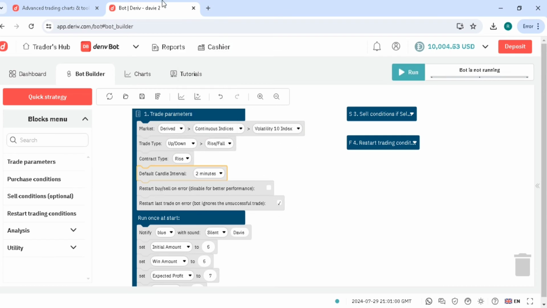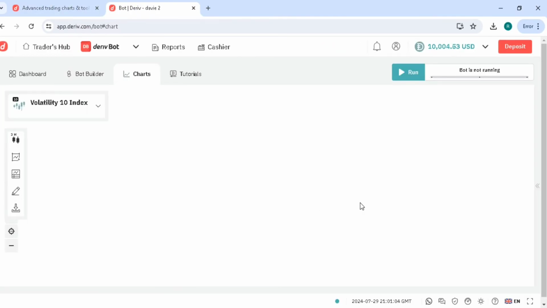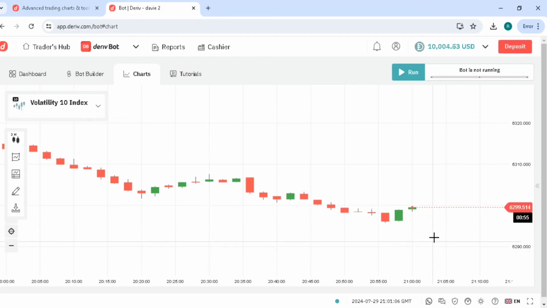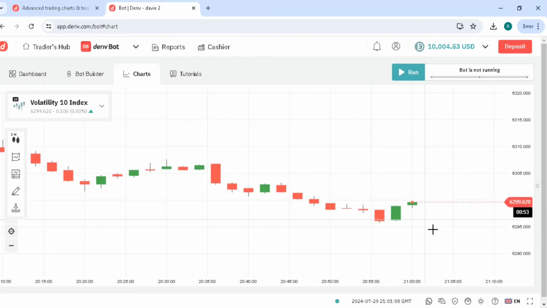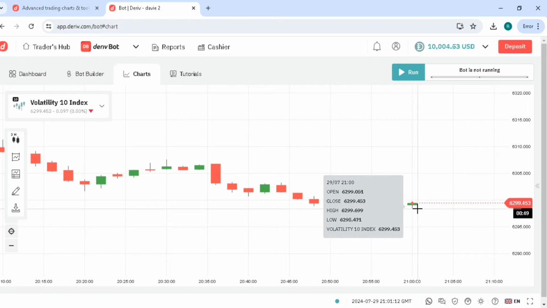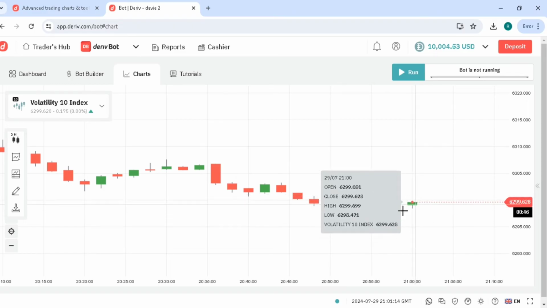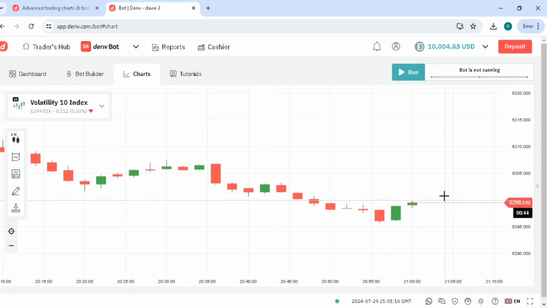I forgot to change that. So charts. If it was a rise, we wait until the wick has been completely covered and we run the bot.